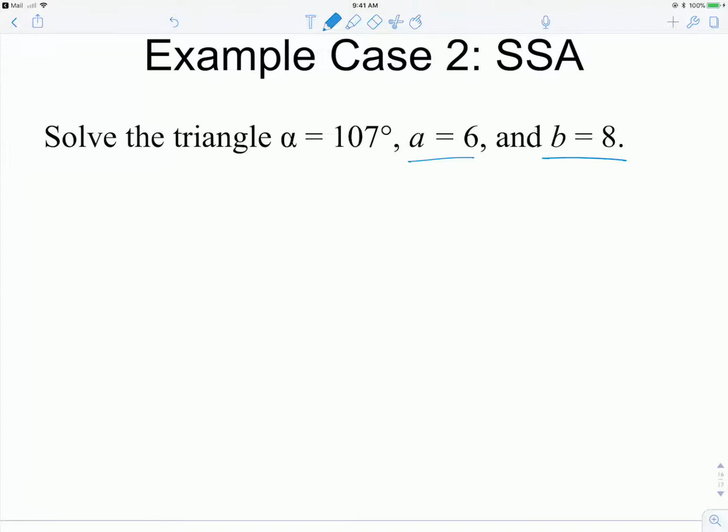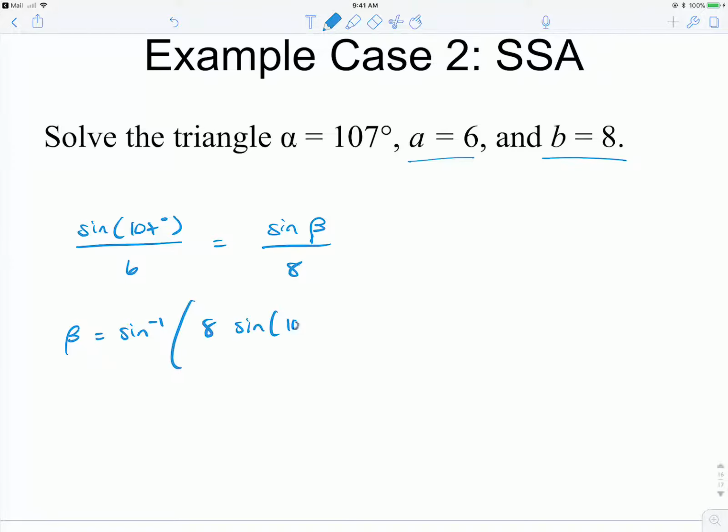When you set up sine of 107 degrees over 6 equals sine of beta over 8, and you're solving for beta, you take the inverse sine of 8 times sine of 107 degrees over 6.